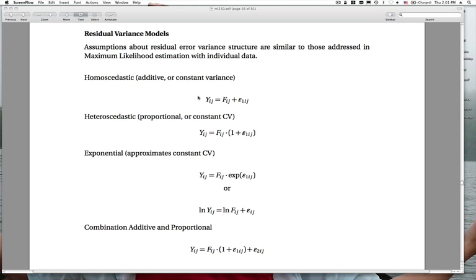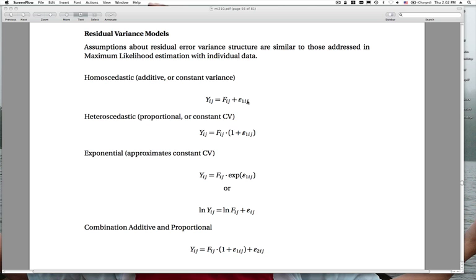The y represents the data, yij equals fij. Fij is the model prediction for individual i at time point j. This prediction includes the individual random effects plus a residual random error. That residual random error enters additively here. It's a constant variance assumption.